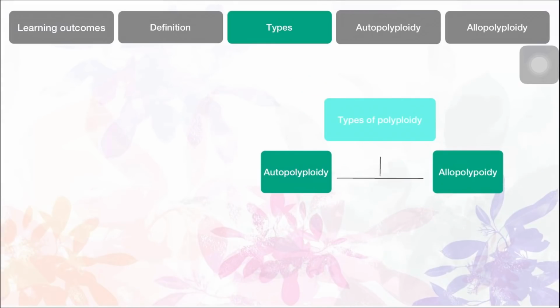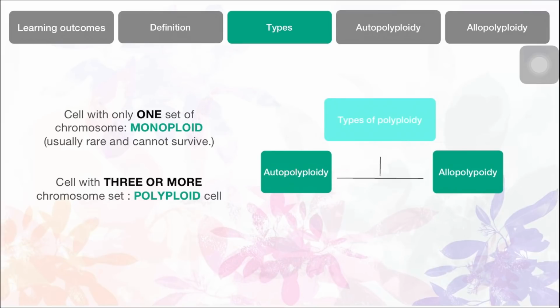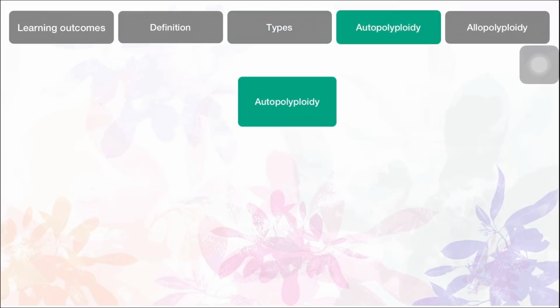Alright, next, types of polyploidy. We have autopolyploidy and also allopolyploidy. But first, a cell with only one set of chromosomes is known as monoploid, but it is usually rare and cannot survive. At the same time, cells with 3 or more chromosome sets are called polyploid cells. Let's have a look at autopolyploidy.